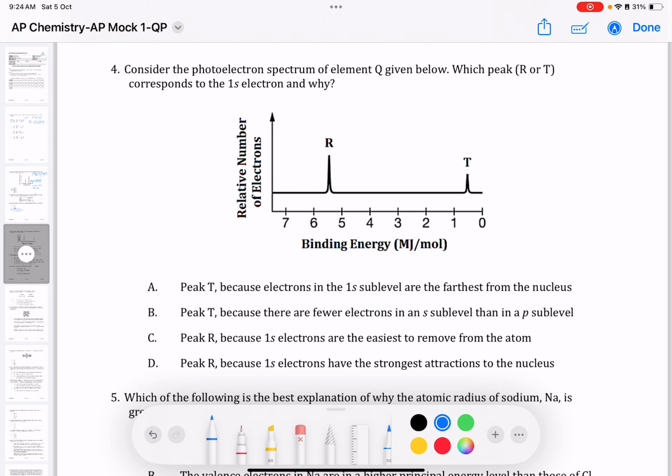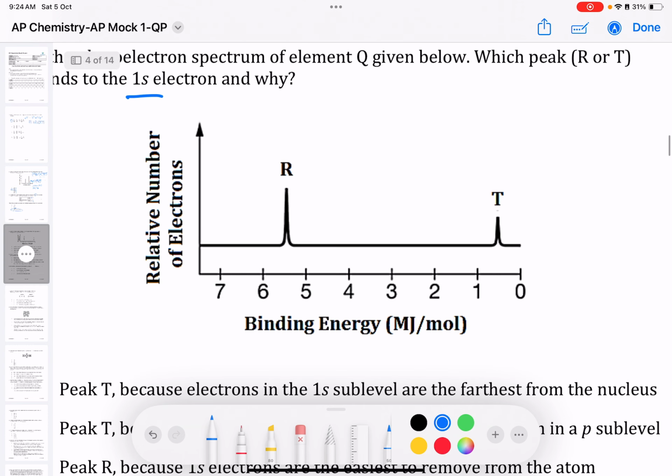Moving on. Consider the photoelectron spectrum of element Q given below. Which peak, R or T, corresponds to the 1s electron? Always when you are looking at such graphs, look at the binding energy to determine on which side are the valence electrons.